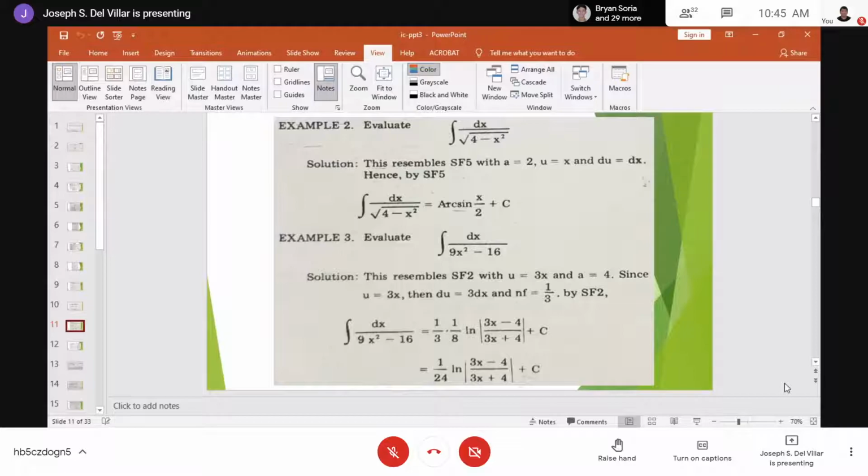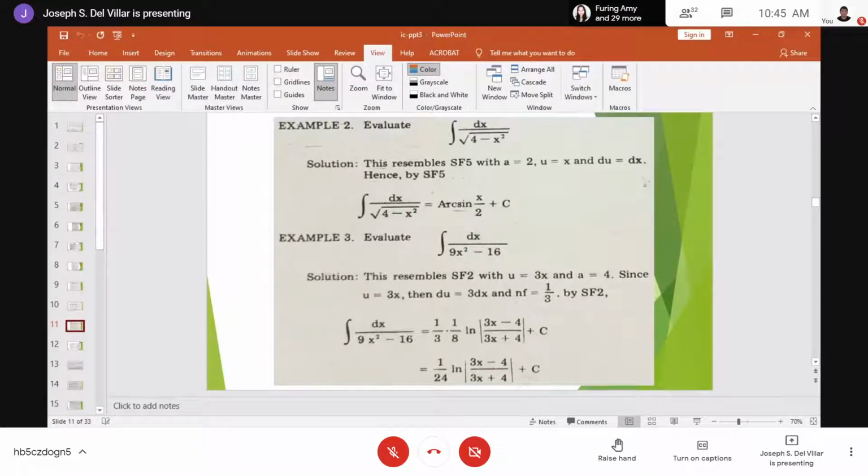This 1/3 comes from the 3 that we introduced, it is the reciprocal, 1/3. But this 1/8 comes from 1 over 2a, where a is 4, because it has to be a square. So 1 over 2a, and a is 4, so 2 times 4 is 8, which is why we have 1/8.